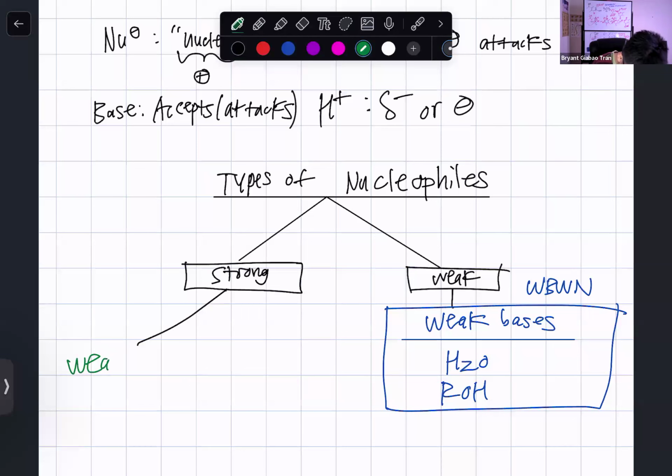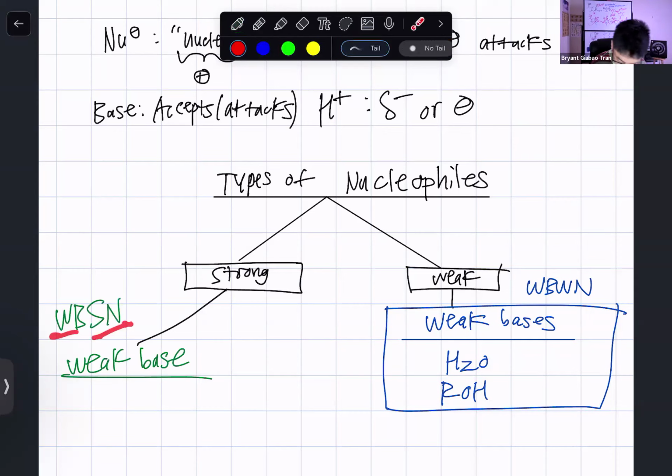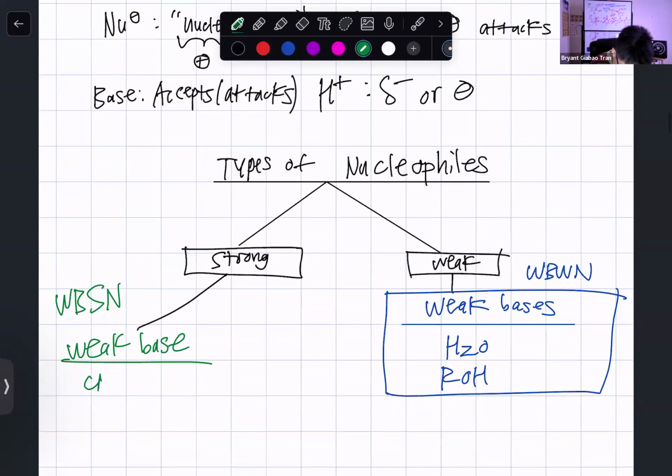We're going to abbreviate this as WBSN, weak base, strong nucleophile, which is different than WBWN, right? And these ones here are CN minus, N3 minus, your halides, Cl minus, Br minus, I minus.